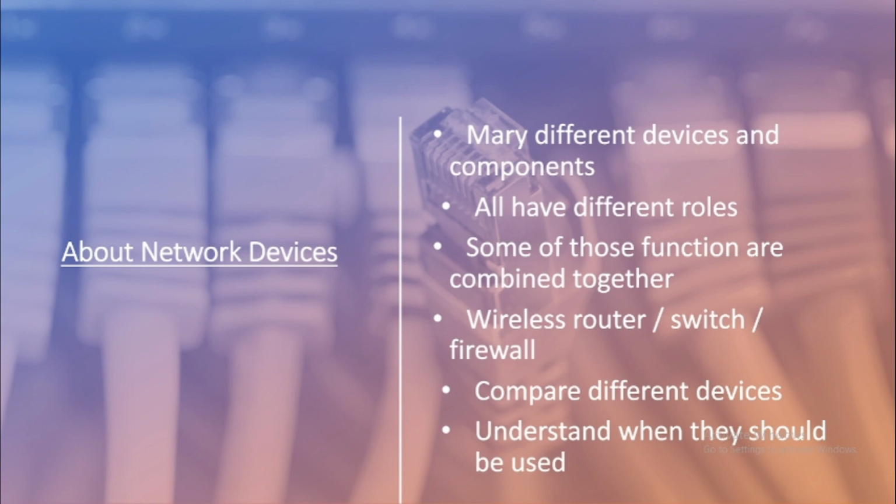For example, the SOHO router that we normally use in our home is a switch, router, and wireless access point all in one device. For the purpose of your exam study, you should understand what these devices are and in what circumstance you should use them on your network. That's what we're talking about, network devices.